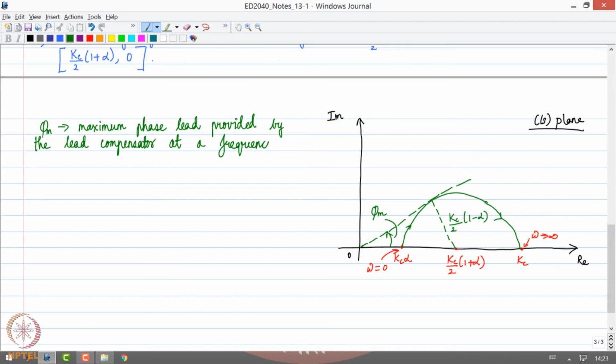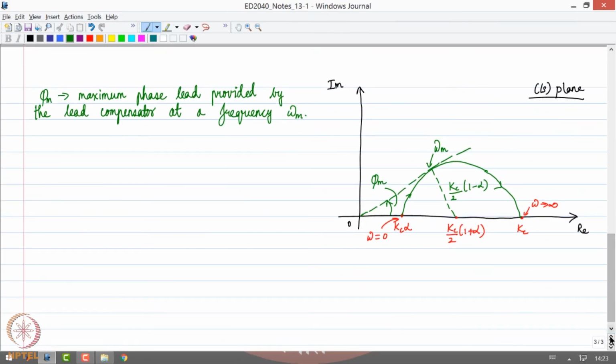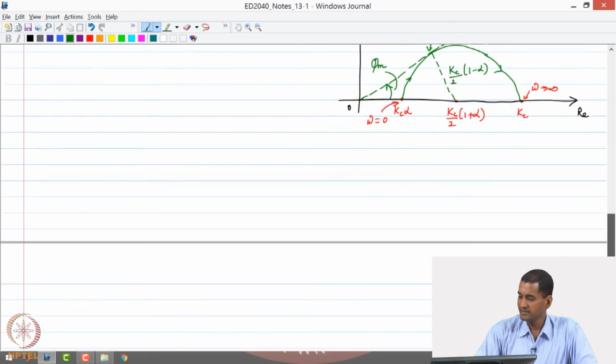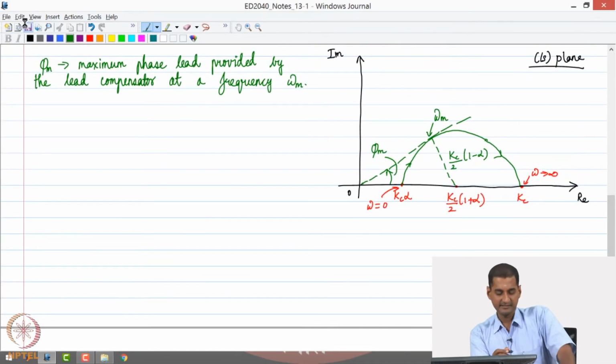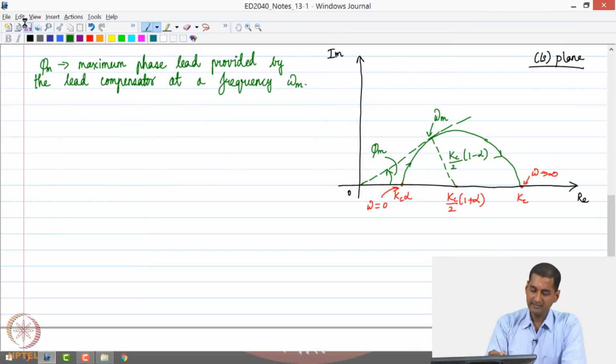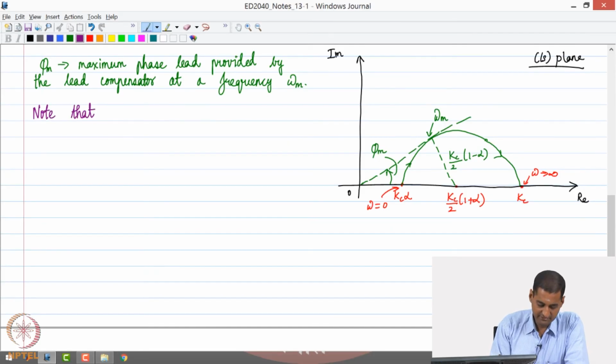So, what is omega m? Omega m is this particular frequency wherever it provides the maximum phase. That is essentially omega m. So, phi m is the maximum phase angle. We can immediately note that it is pretty straightforward to calculate phi m.